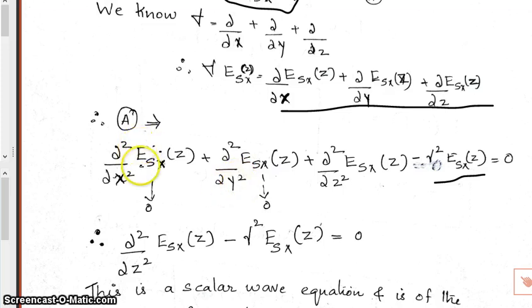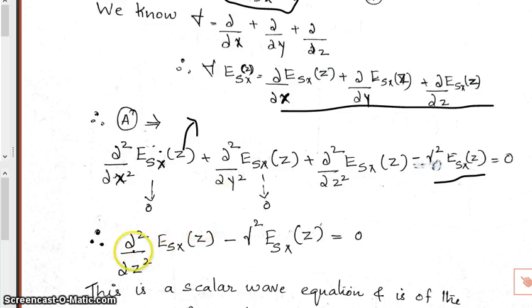But you know this Esx of z is a function of which variable? Esx of z is a function of z because the electromagnetic wave is propagating along the z axis. So this term will be a function of z. So dou square by dou x square term and dou square by dou y square term will be equal to 0. So only the z term will be remaining.